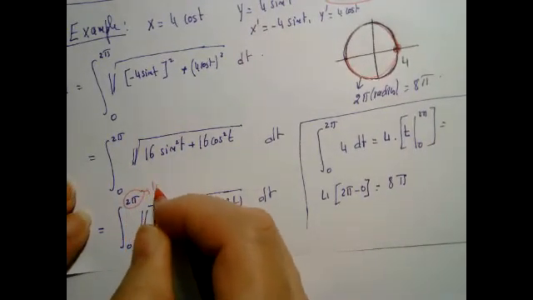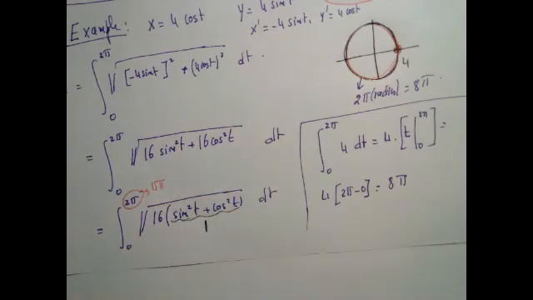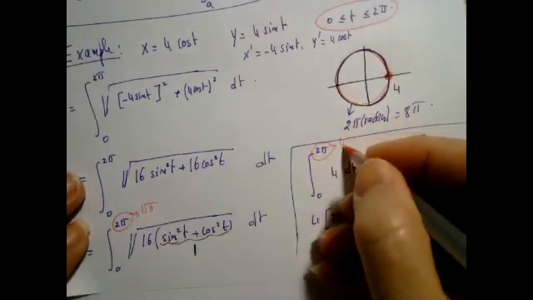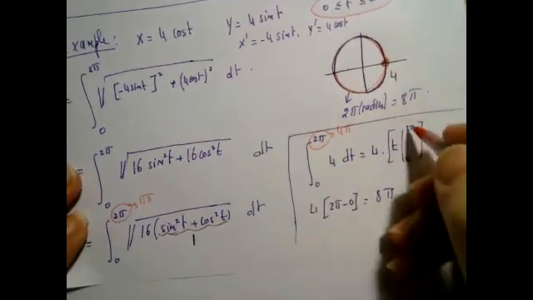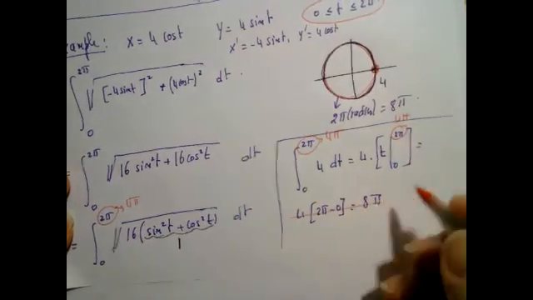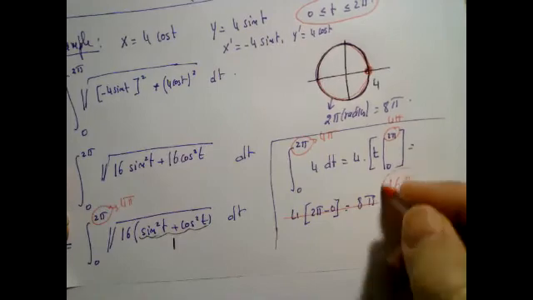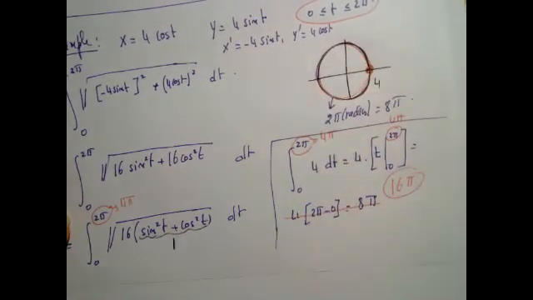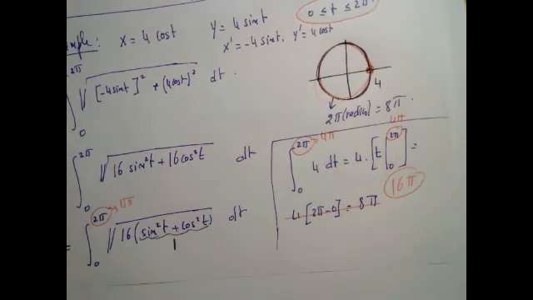You don't have to write, but I'll tell you why traversed once is essential. If I integrate from 0 to 4 pi, basically I'm going to get 16 pi, which is not the length of the circle. So the idea of being traversed once is essential to have the exact length of the circle.